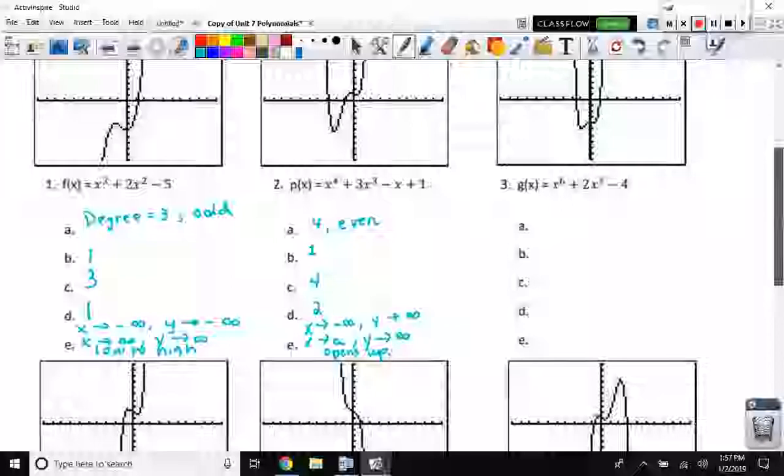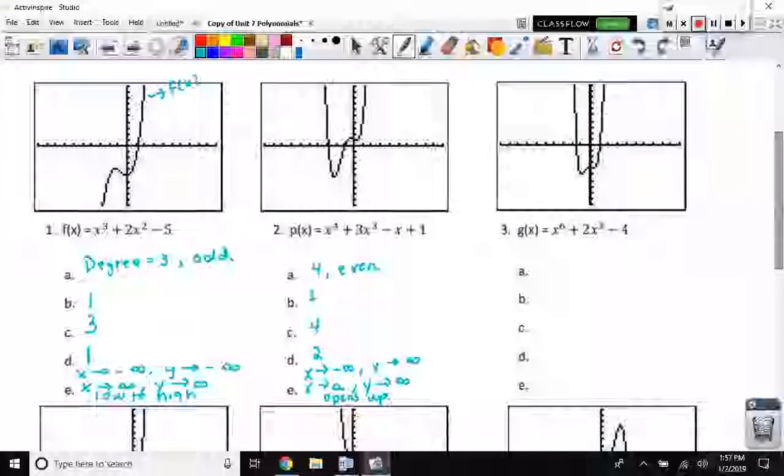All right. How about 3? I'm looking for the degree. Eric? 6. And it's even. What's the next one? Lead coefficient. Max? 1. Number of solutions I'm going to get. 6. How many of them are going to be real solutions?